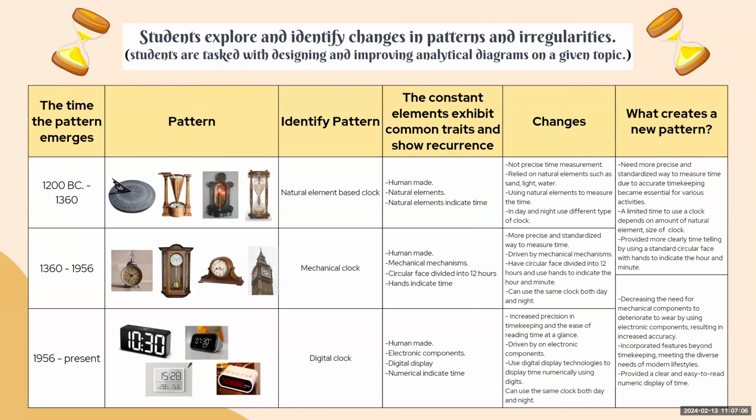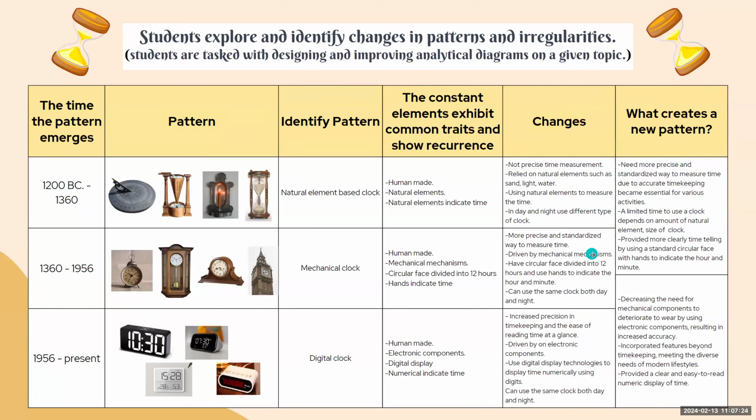I identify this pattern as mechanical clock because it's driven by a mechanical mechanism and has a circular face divided into 12 hours. It uses hands to indicate the hour and minutes.